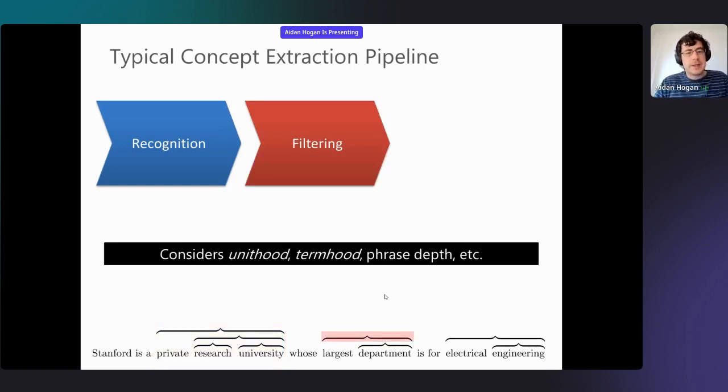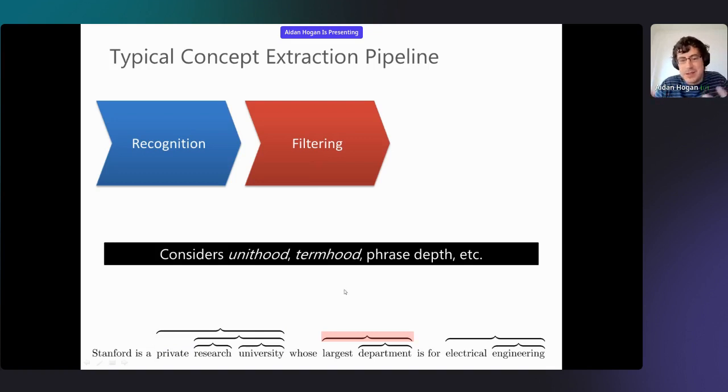Another important aspect of concept extraction in the pipeline is to apply some filtering. So in filtering, we'll often try to remove phrases that are not really phrases. For example, largest department is not a term of art in the same sense as one could recognize a private research university.